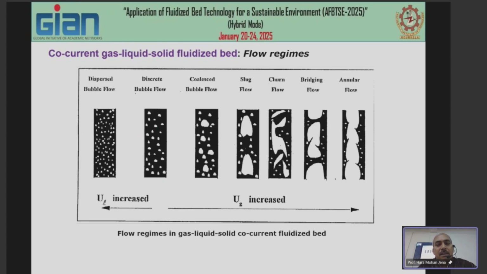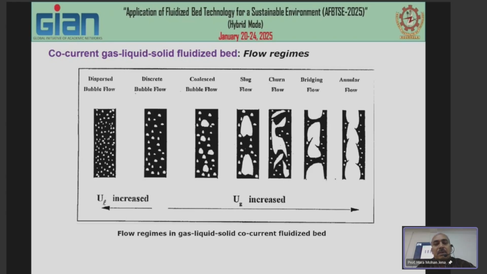Then the coalesced bubble flow, where the liquid velocity is moderate to less and there is a moderate gas flow rate, so bubble coalescence takes place. That means gas bubbles coming from the distributor section coalesce with each other and bigger bubbles are formed, and a wide size distribution of bubbles is seen in this regime.